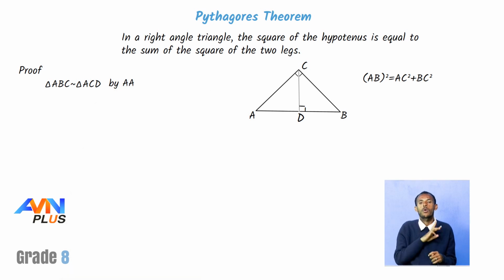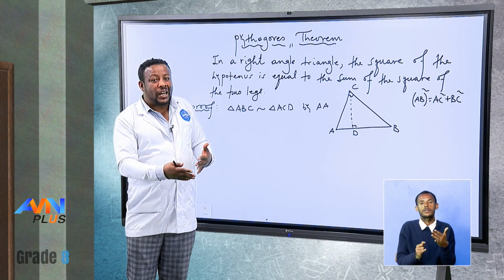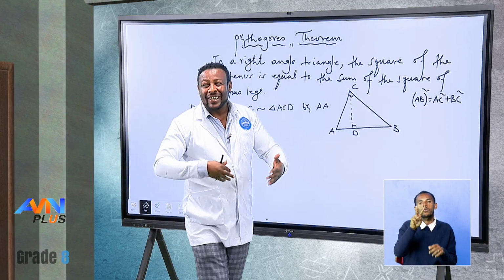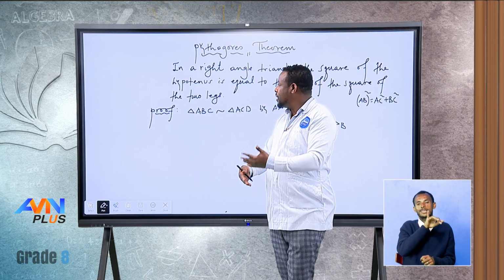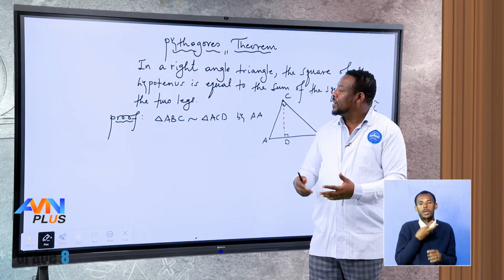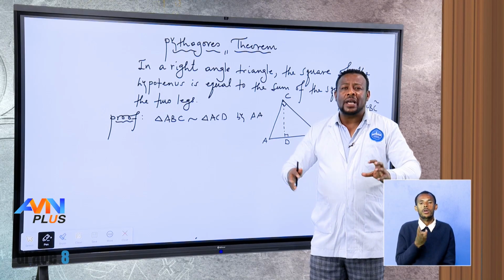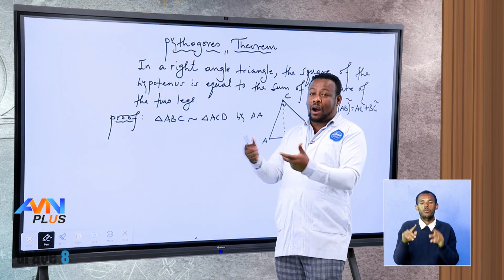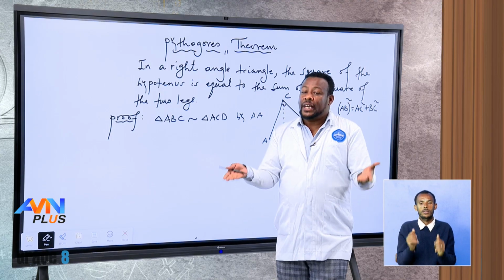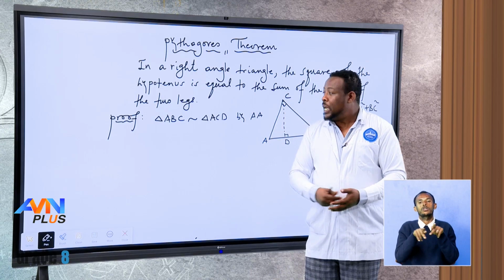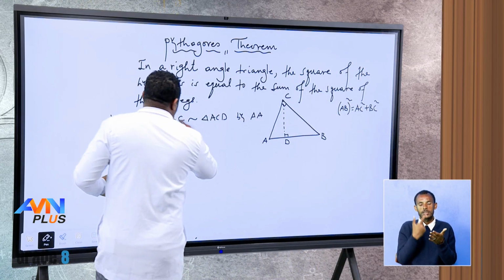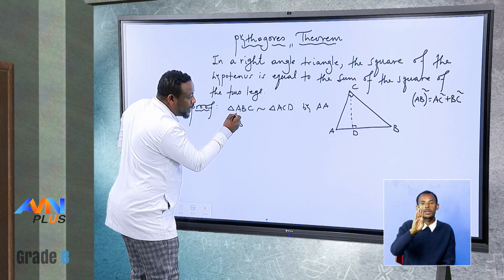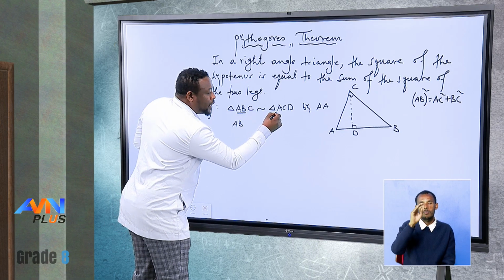Therefore, we can derive a certain proportionality, right? As you all know, if two triangles are similar, the ratios of the corresponding sides are equal. There is a proportionality constant. So by this similarity, if you take AB, you have to take AC.